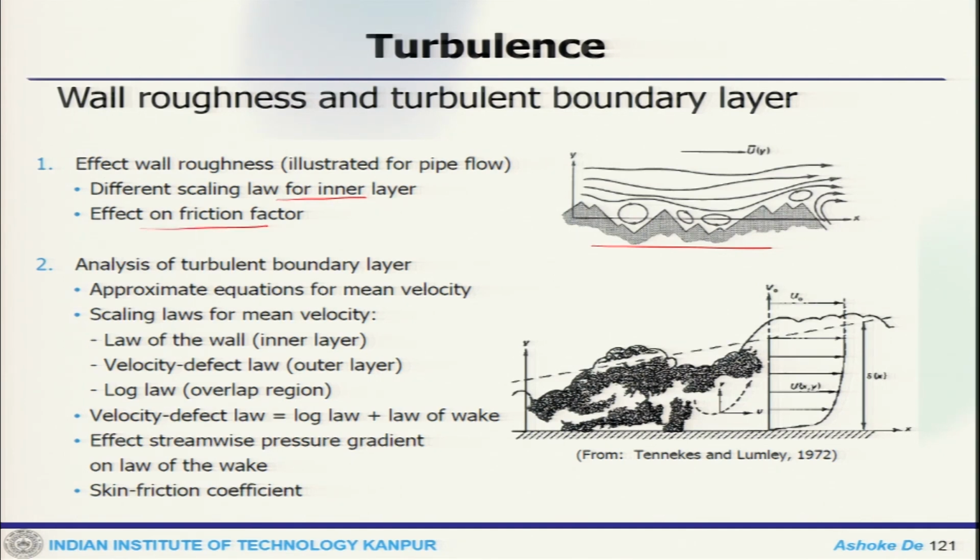To do the analysis, one can approximate the equation for the mean velocity, then have scaling laws for the mean velocity, like the law of the wall, velocity defect law, log law, and then find the skin friction coefficient and so on.